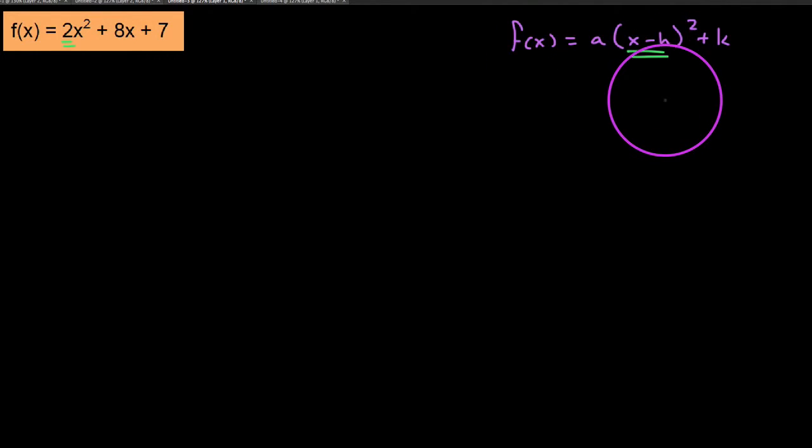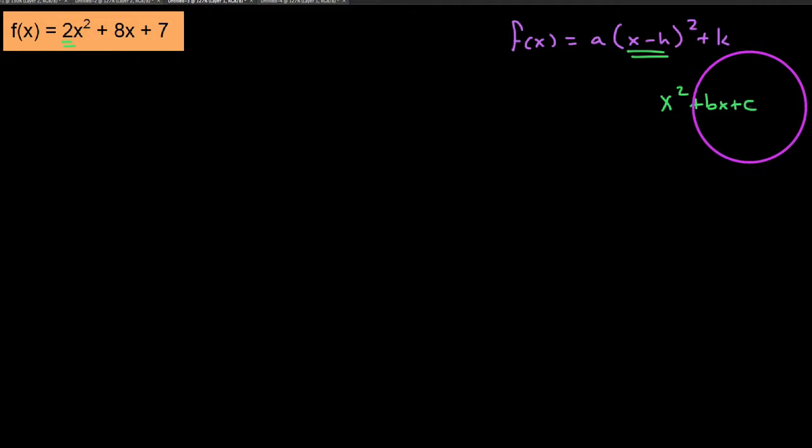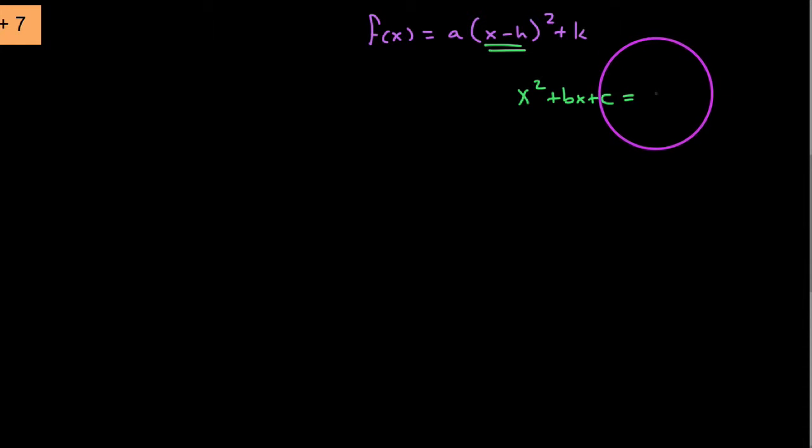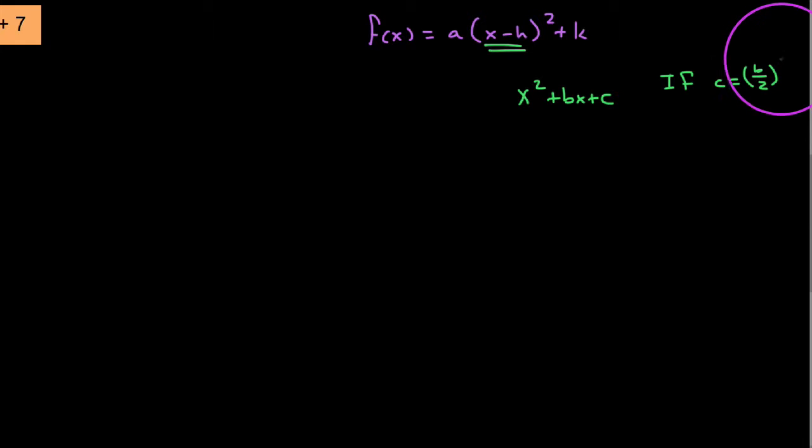Okay, so let's recall something here very quickly. If we had x squared plus bx plus c, and a is equal to 1 here on purpose, we could rewrite this as a perfect square trinomial if and only if c is equal to b over 2 squared.